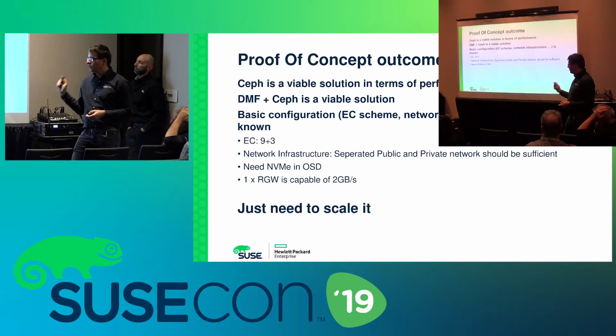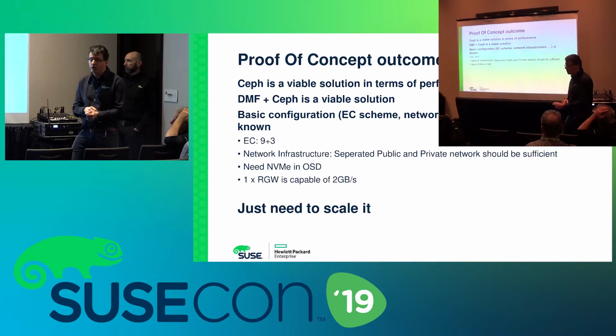Also, we did use NVMe during the testing, and we saw that NVMe was important. So basically, NVMe is used here for the RocksDB database and the write-ahead logs of BlueStore. This is the backend of Ceph. Okay, you don't have to use it, but if you don't use it, well, Darren, correct me if I'm wrong, that's 75% loss in performance.